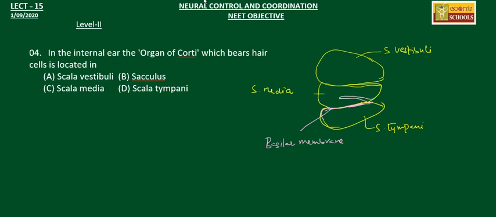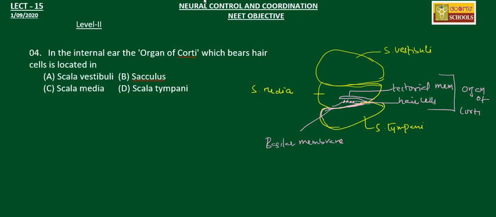So this is a tectorial membrane, and here we have hair cells. So these are the locations of hair cells. The hair cells and the tectorial membrane all together come under the organ of Corti. So that organ of Corti which bears hair cells is located in scala media.